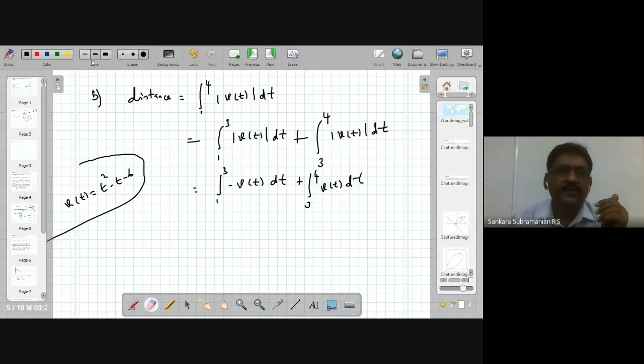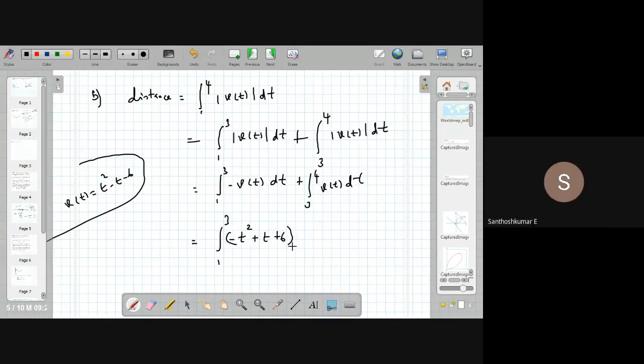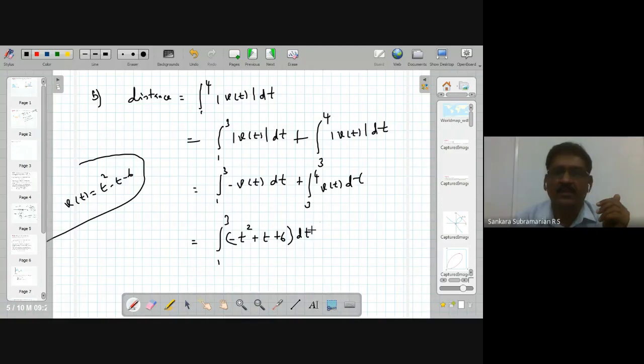Now you know what v of t is. You can go ahead with the procedures. So this is 1 to 3, minus v of t is minus t square plus t plus 6 dt.